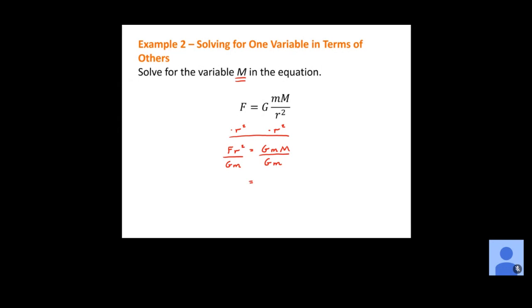So in this case, the g's cancel, the m's cancel on the right-hand side. That leaves us with our capital M that we wanted. And again, on the left-hand side, none of those terms are the same. There's no common factors. We can't cancel anything out. This just stays f r squared over g m. And so this would be our solution to that equation now.